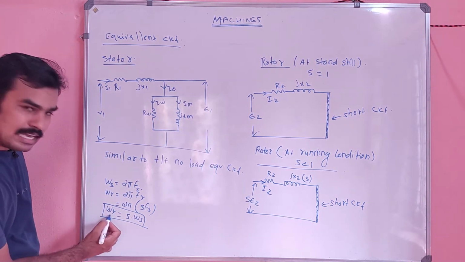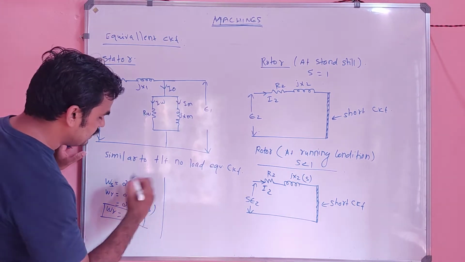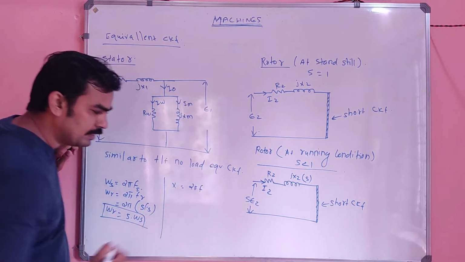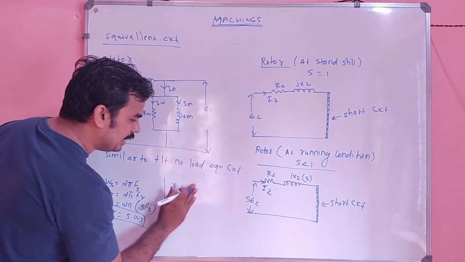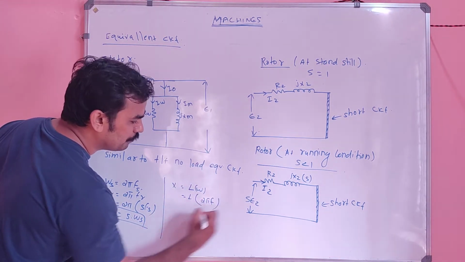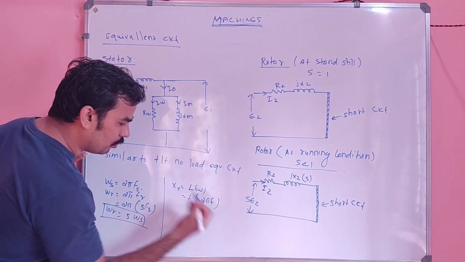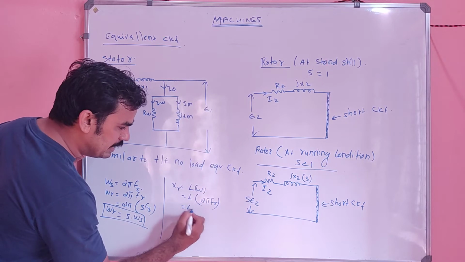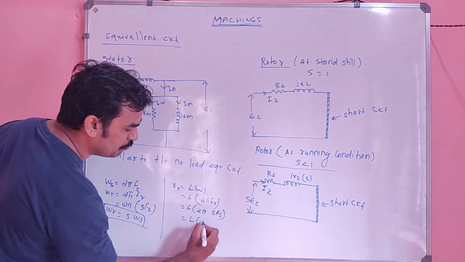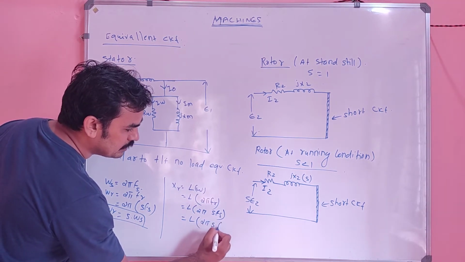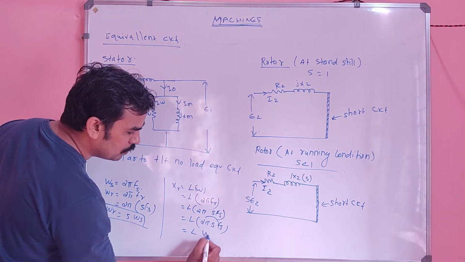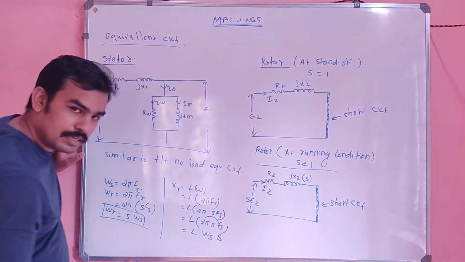It will be affected at the reactance, because inductive reactance X is nothing but L omega, that is L into 2 pi into F, correct? If you go for this rotor, then it will be Fr. So simply L into 2 pi into S into Fs. So L into 2 pi into Fs is nothing but omega S into S, correct?